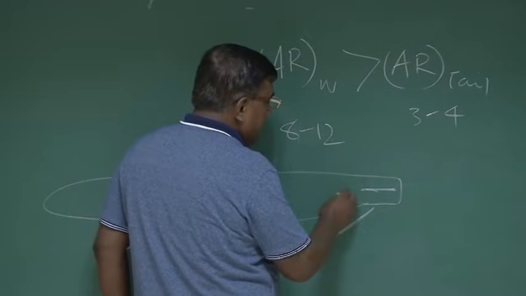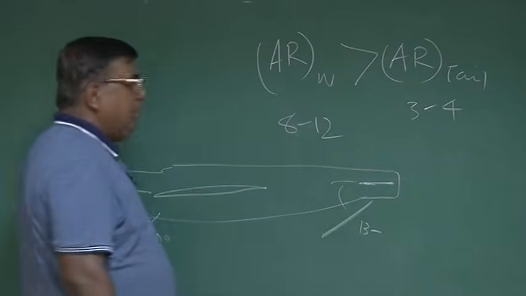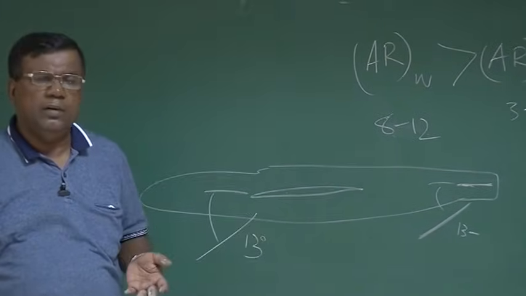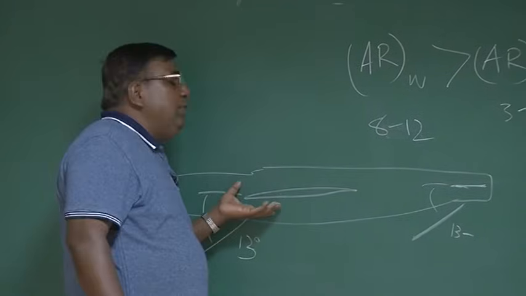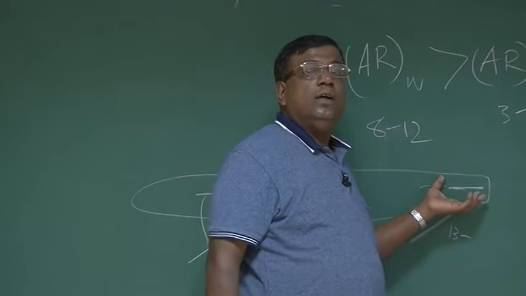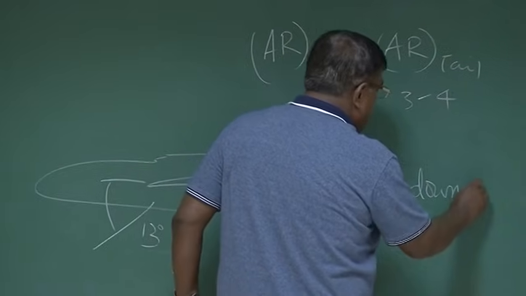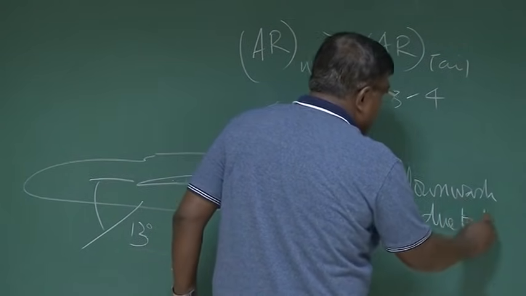But for the same 13 degree, the tail will see much less, because the tail will have its own downwash, which will be pretty high because the aspect ratio is less. That means even if the wing goes into stall, the tail will not go into the stall, because of the downwash due to the tail itself.